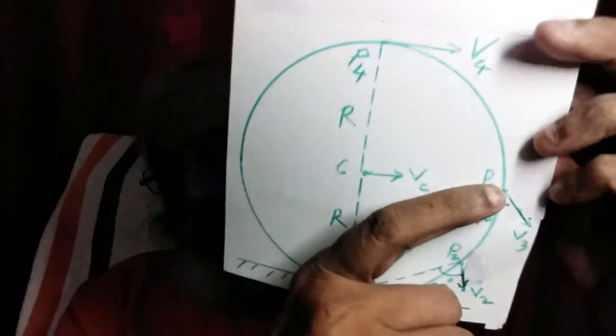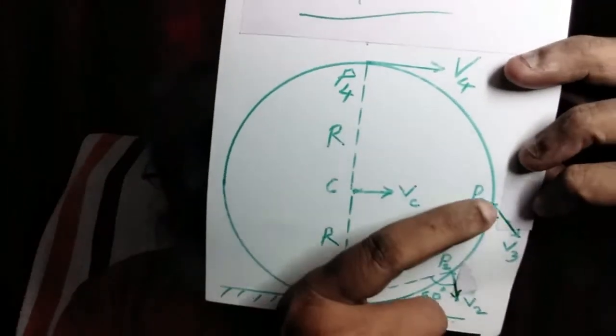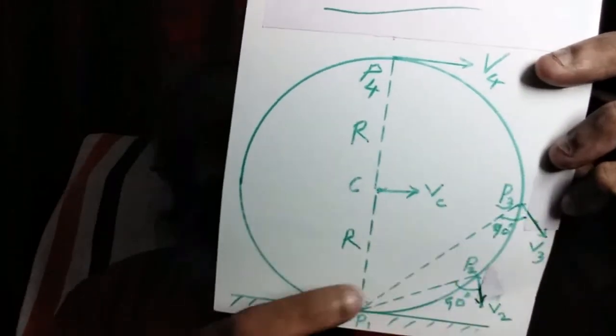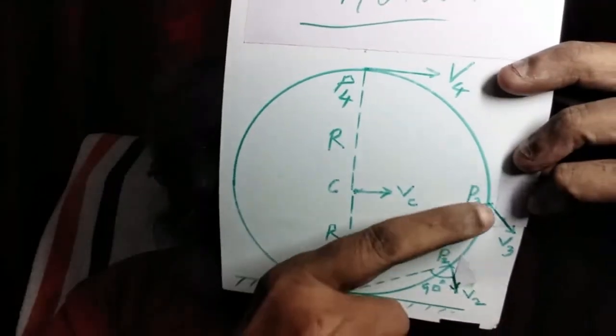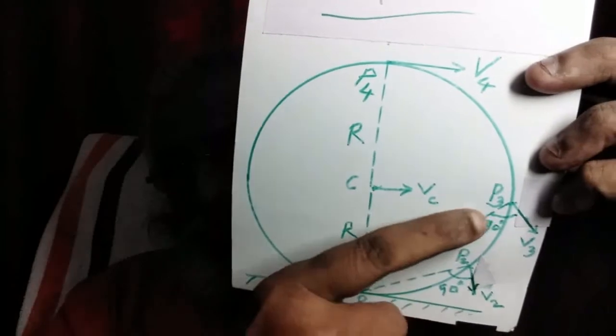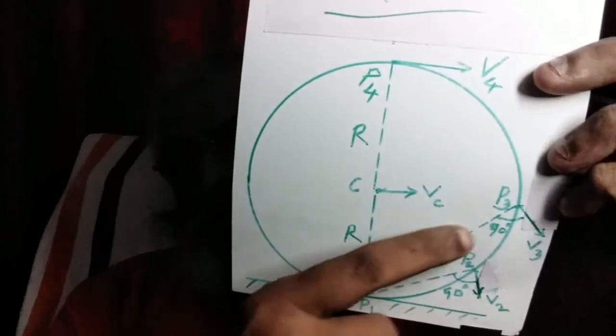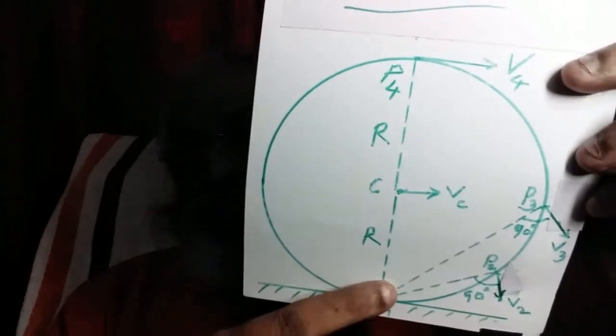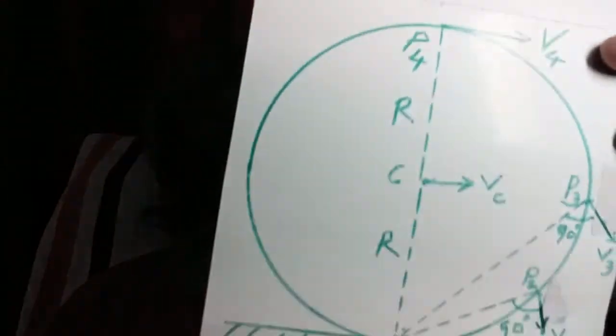This is another point, P3, where velocity is V3. Now the radius of rotation is this distance, and V3 is perpendicular to this line. Now it is the instantaneous radius. I think you have got the concept.